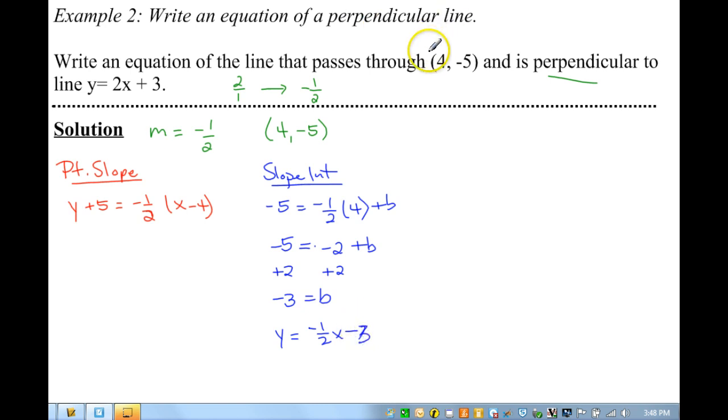And finally, I have no idea why, but if you feel so inclined to put it in standard form, I would start with my equation in slope-intercept form and get my x and my y on the same side.